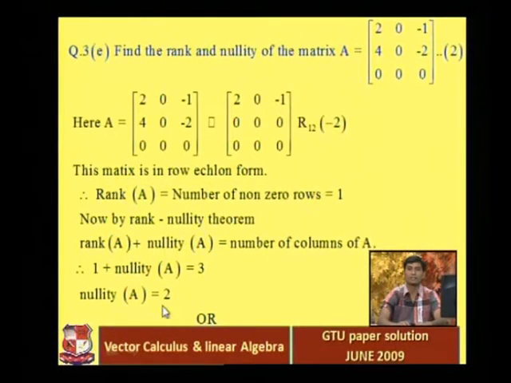So the nullity of A is equal to 2. This is the complete solution of this 2-mark question in the GTU question paper.